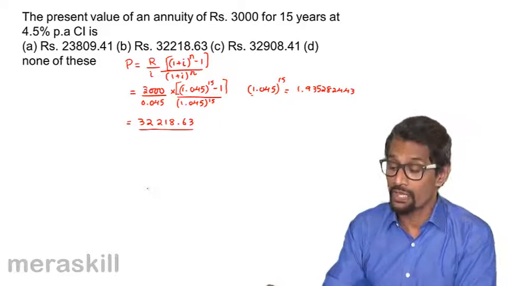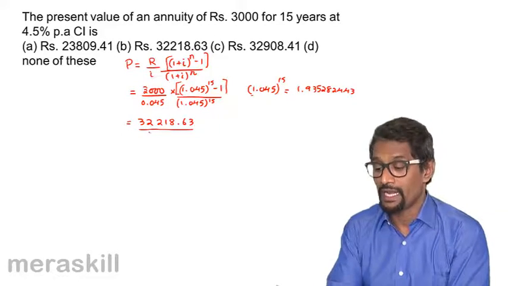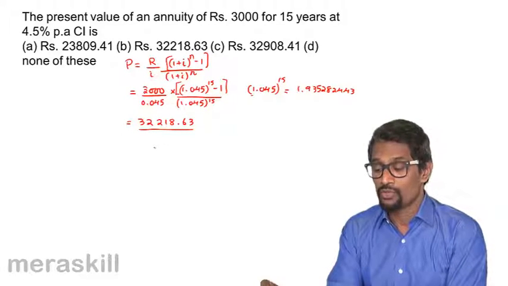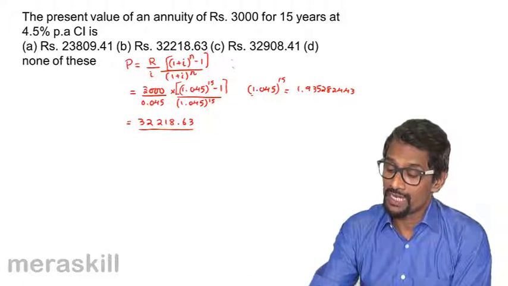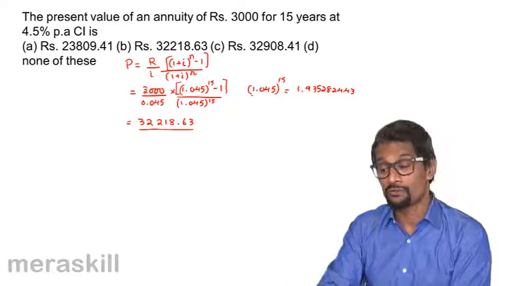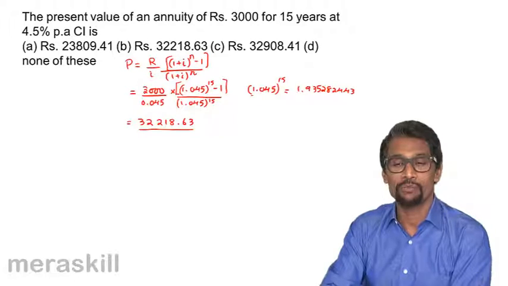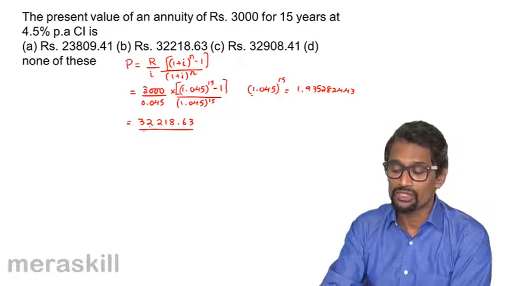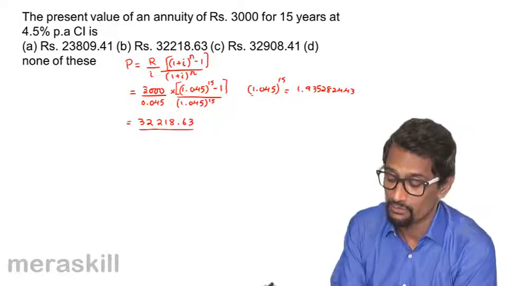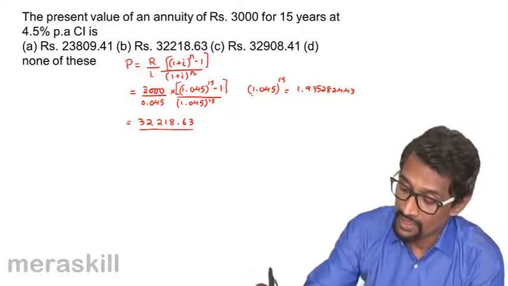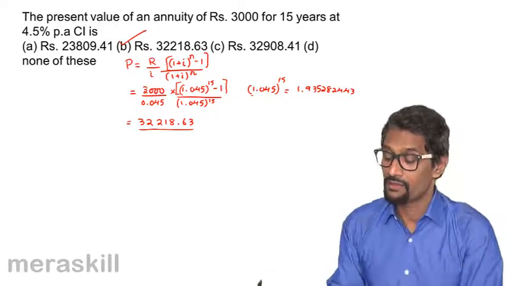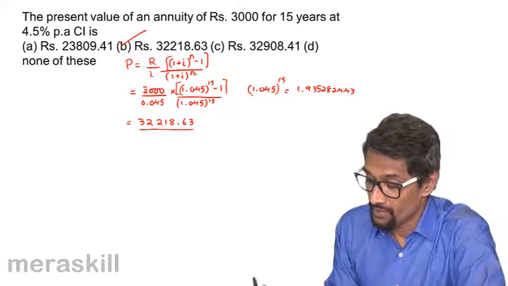Hence the present value of all these deposits is that, while the amount that you actually deposit is 45,000. So the 45,000 you net deposited over 15 years is equivalent to just 32,218.63. And among these, this is the right answer. Okay, fine.